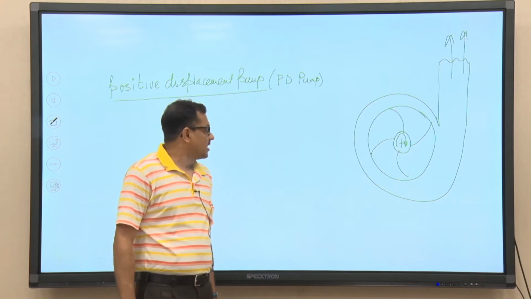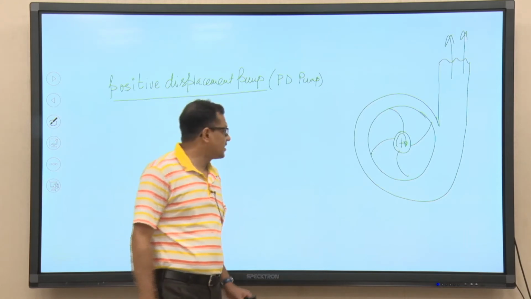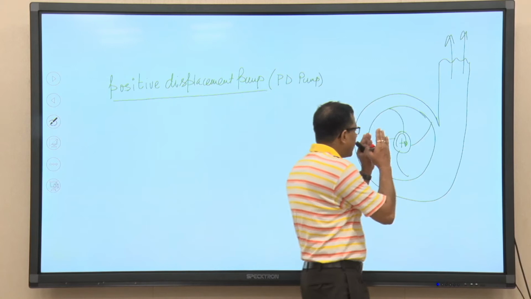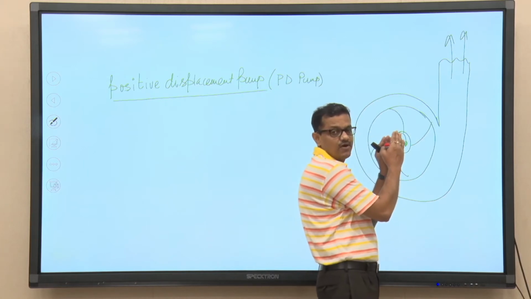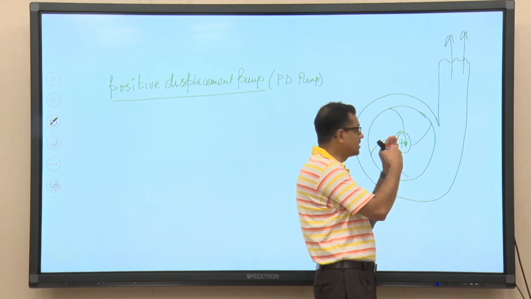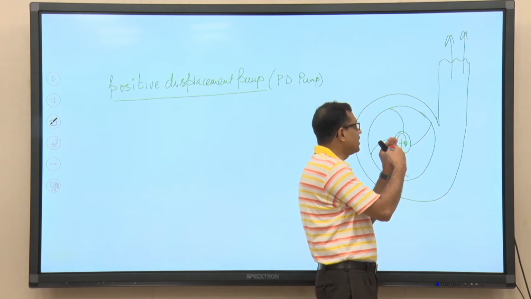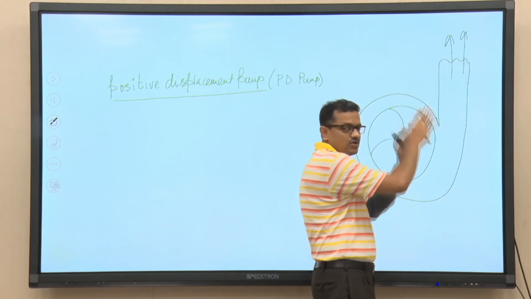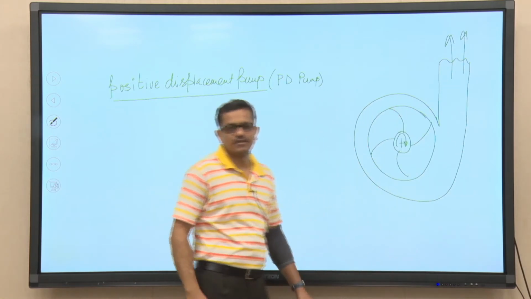Now, as I said, it is very difficult to identify a distinct fluid volume at any temporal instant which will go out through the pump as a control mass system, right.